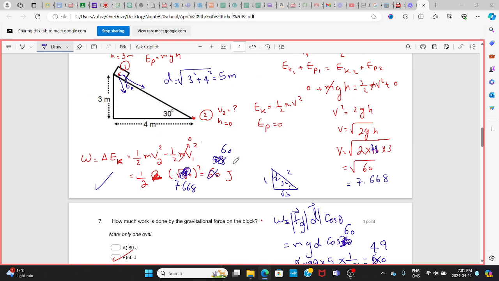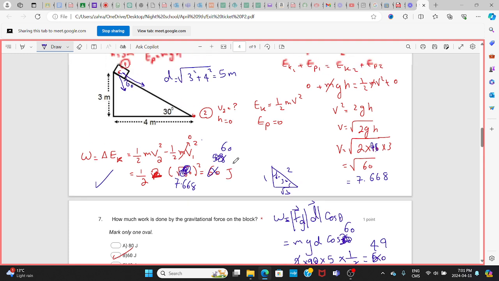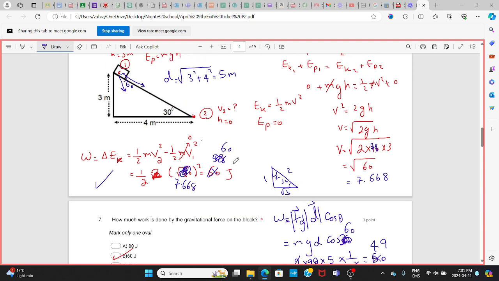Okay? Sorry, Miss. Yes? I have a question. Why, like, W equal to... and velocity... Work, minus... Okay, that's a law. Work is equal to the change in kinetic energy.